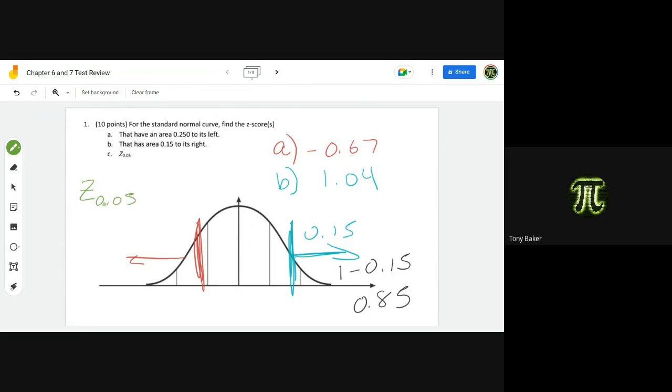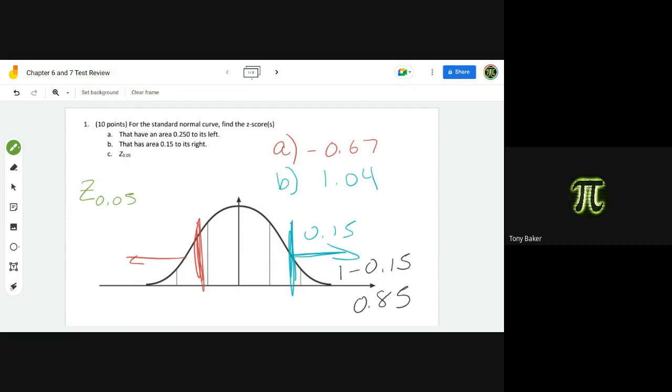All right. The next one is the z that has 0.05. So what does that number represent? That's the key piece on this one, making sure you understand what that number represents. Is that number to the right or to the left?